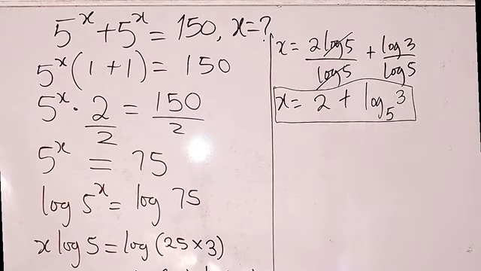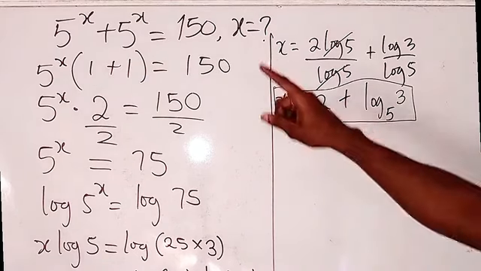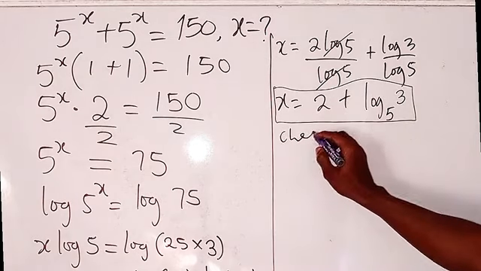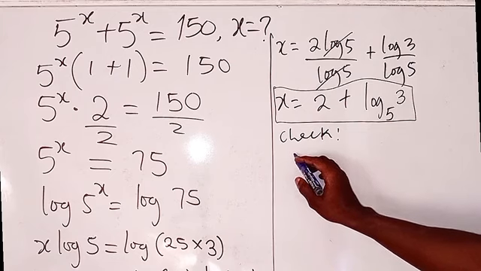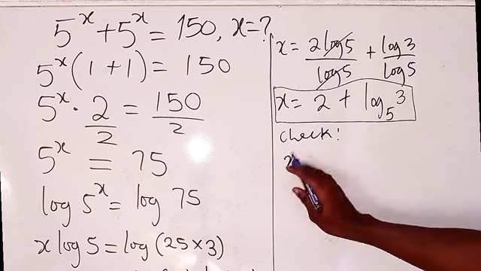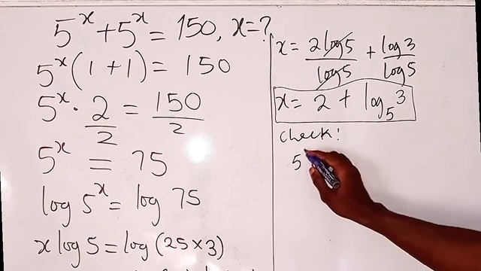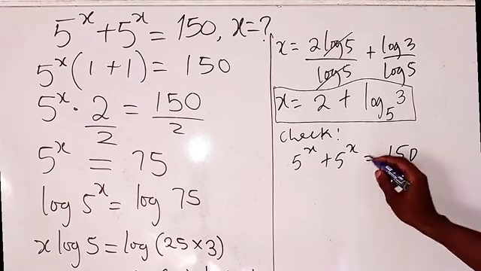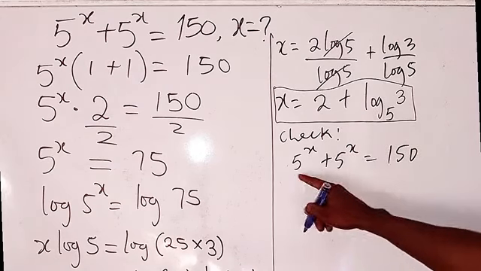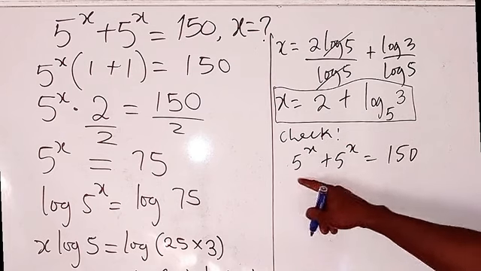But let's see how we can quickly check this and see whether when you plug this x back into the equation given to us, we're going to get the two sides equal. So we have 5 to the power of x plus 5 to the power of x equals 150. So before we plug in, let us try to connect this together.